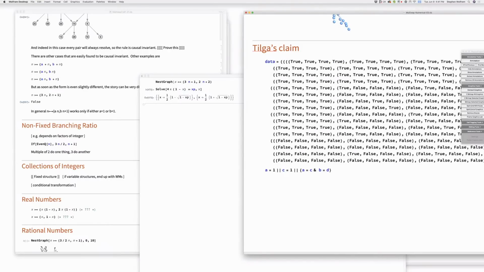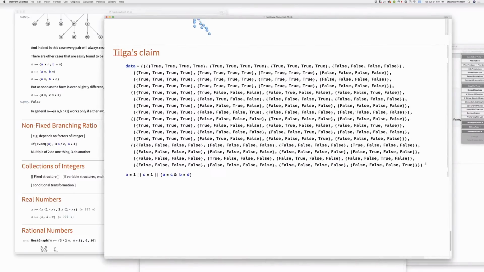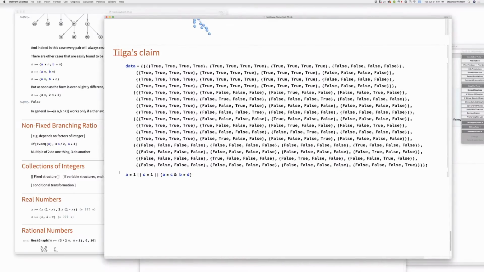Data is that. And now what we want to look at is the corresponding thing with this table. We need some parentheses: A equals C and B equals D. Okay, let's take a look.